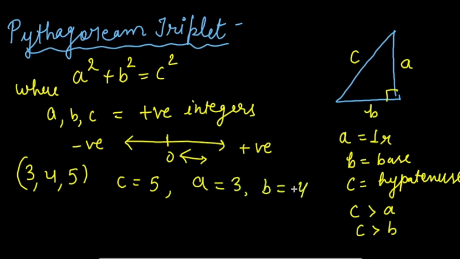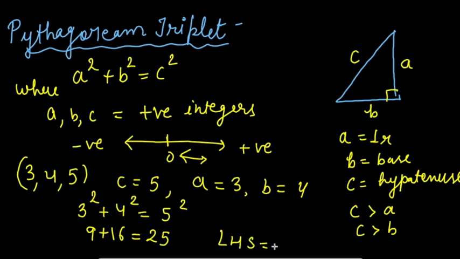So placing them in A square plus B square is equal to C square will give me 3 square plus 4 square is equal to 5 square, which is 9 plus 16 is equal to 25. So here LHS is equal to RHS. It means 3, 4 and 5 form a Pythagorean triplet because they are satisfying the equation A square plus B square is equal to C square, right?